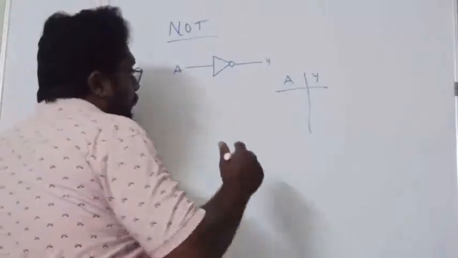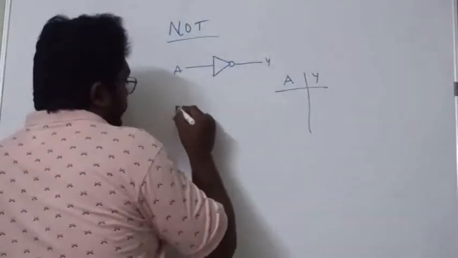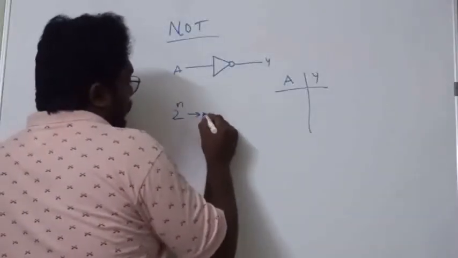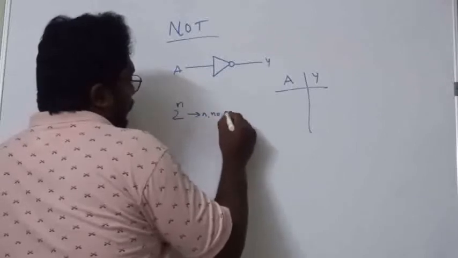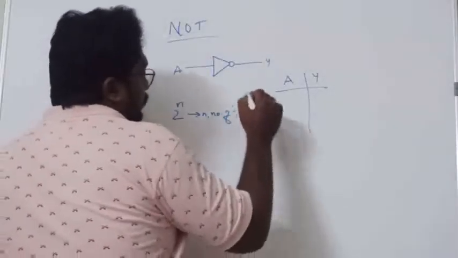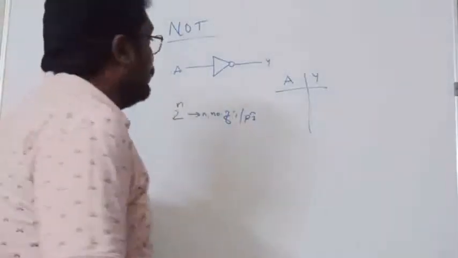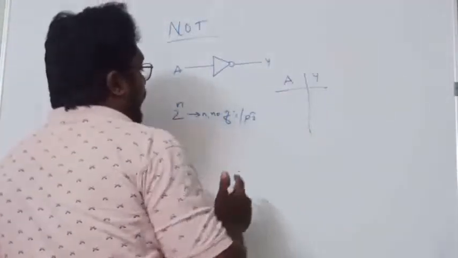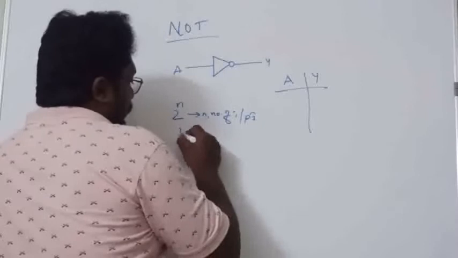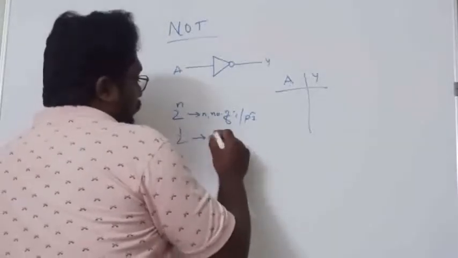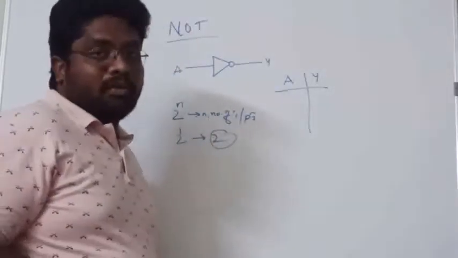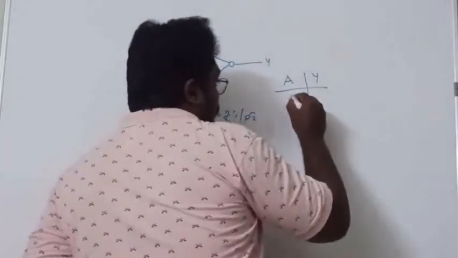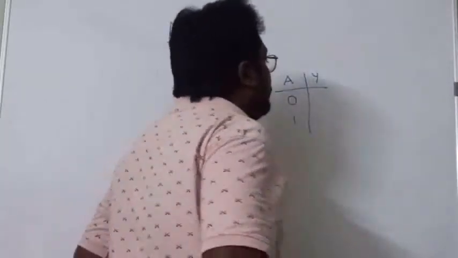To find the possibilities, we use 2 power n, where n represents the number of inputs. In this NOT gate I have a single input, so 2 power 1 becomes 2. So I have 2 possibilities, which are 0 and 1.